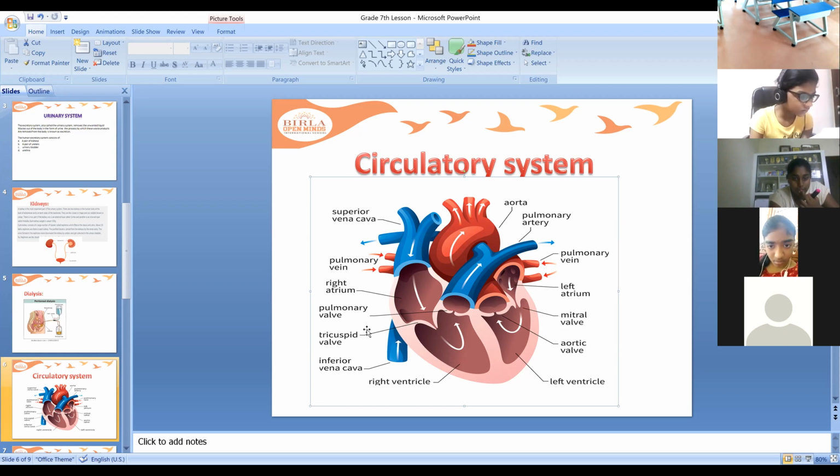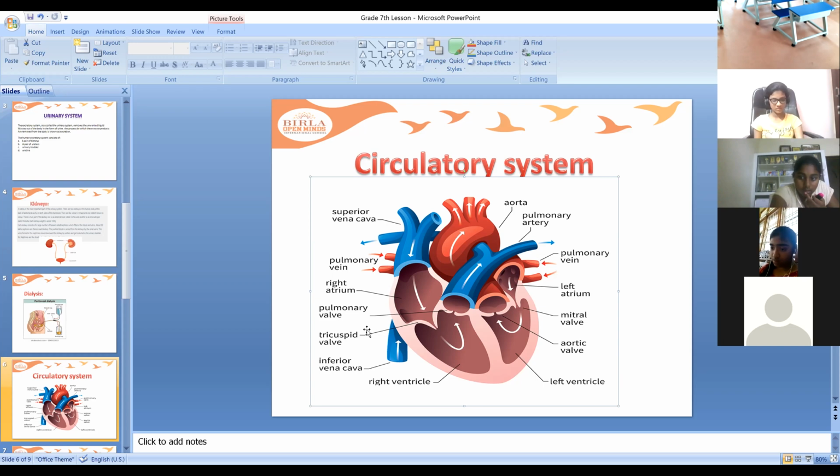The heart undergoes contraction and relaxation. I hope you all know about the contraction and relaxation of the heart. The pumping of the heart refers to the contraction and relaxation of the heart in order to supply blood to the whole body. During contractions, the upper and lower chambers of the heart are filled with blood.